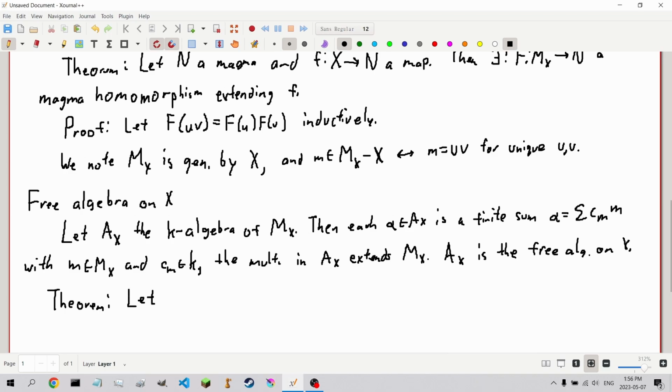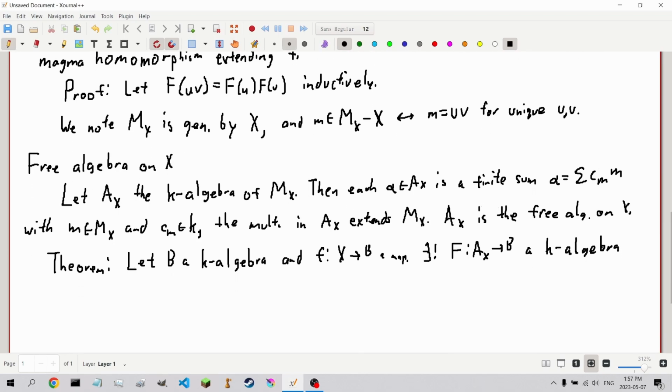We will let B be a K-algebra and f be just a map from X to B. And there exists a unique capital F from AX to B, which is a K-algebra homomorphism which extends f.